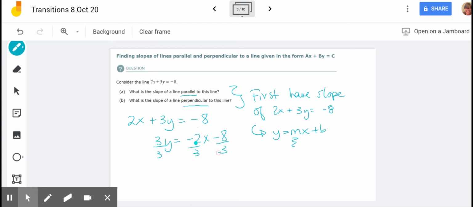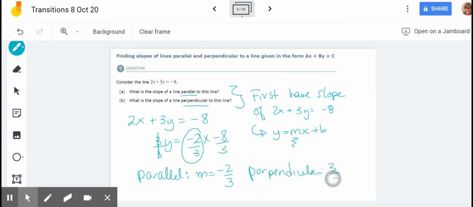We don't really care about the 8/3, but there's my slope. Okay, so parallel, the m is going to be -2/3. Perpendicular is going to be +3/2.